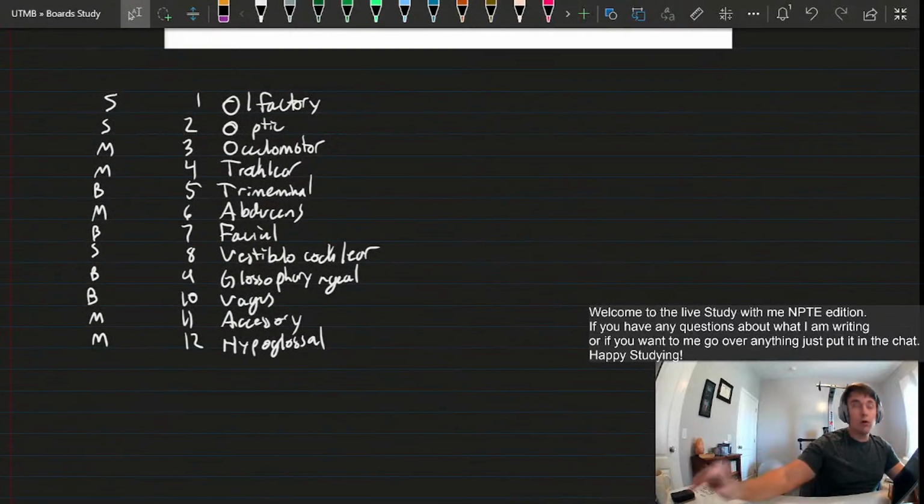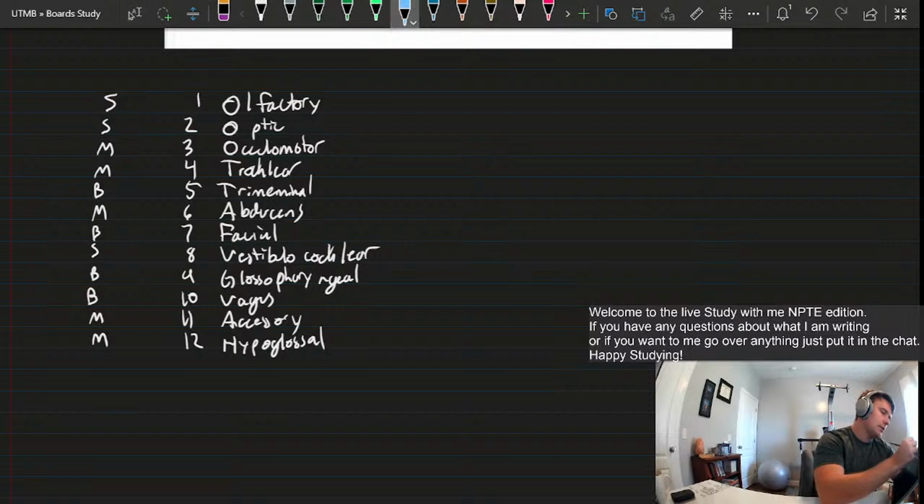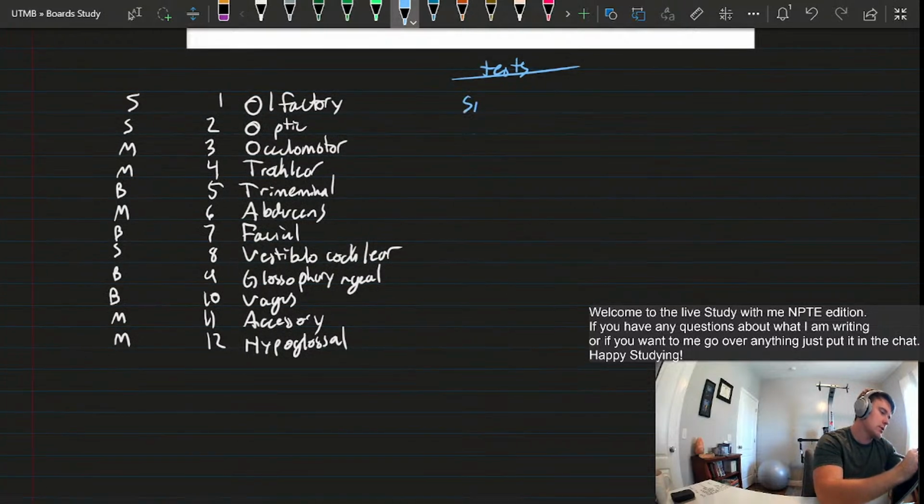All right, so now to test all of these, of course the olfactory, these are the tests. And they never ask olfactory and optic and all that stuff, but they will ask for oculomotor, trochlear, and abducens. So this is smell, something like that everybody knows, coffee, peppermint, something like that.